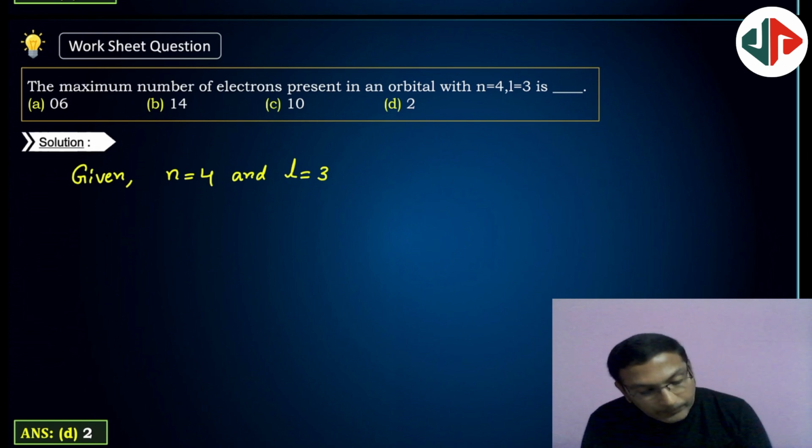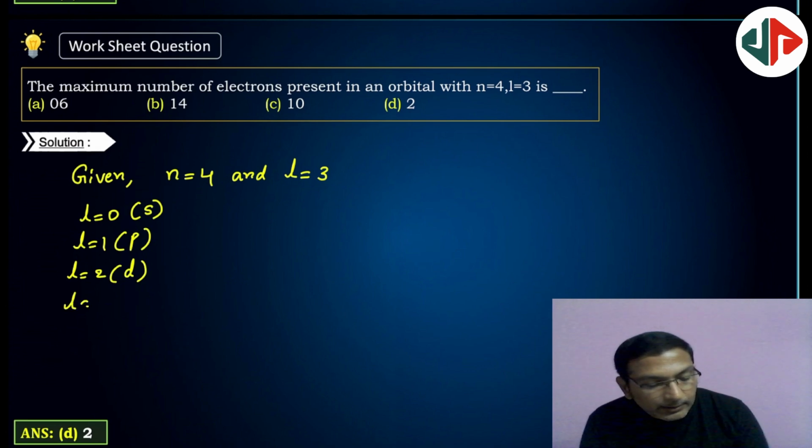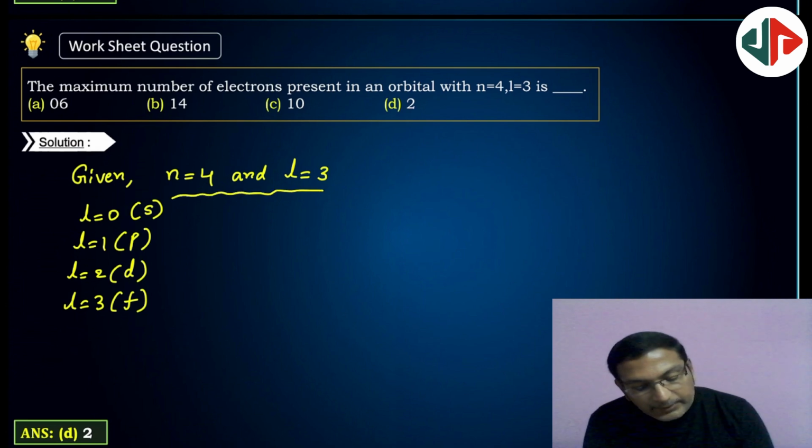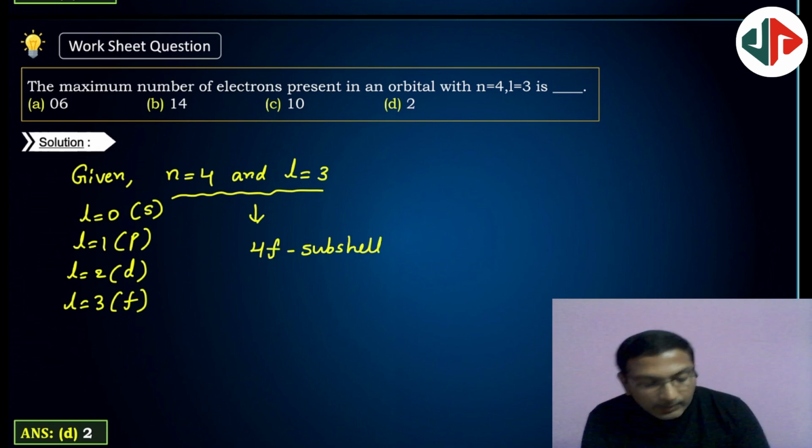So we know L equal to 0, S subshell, L equal to 1, P subshell, L equal to 2, D subshell, L equal to 3, F subshell. So therefore, based on given data, the subshell is 4F subshell.